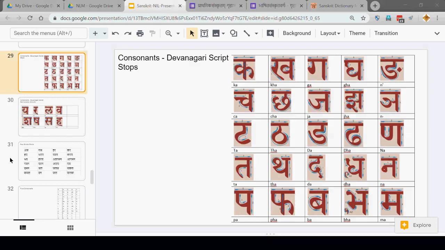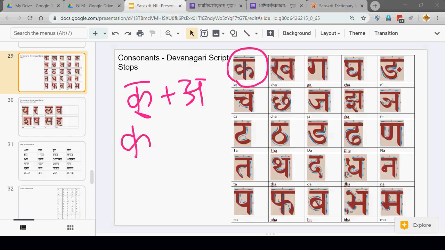So that means when we add a sound to the k sound, pure consonant, then we write it like this in the script, k, kh, like this, without the oblique or the slant line at the bottom of each consonant symbol.